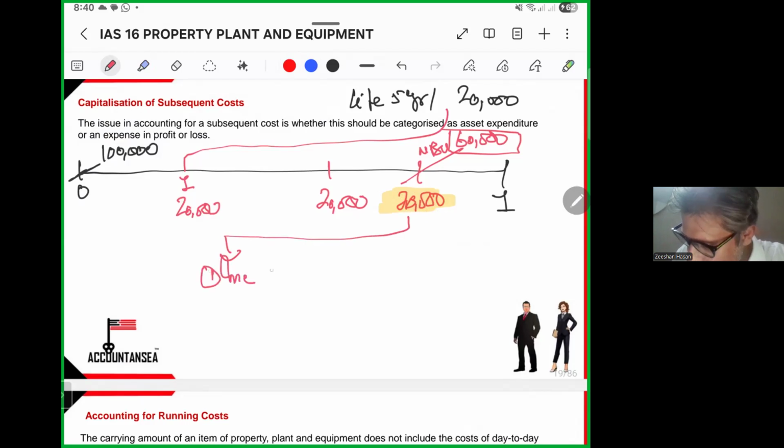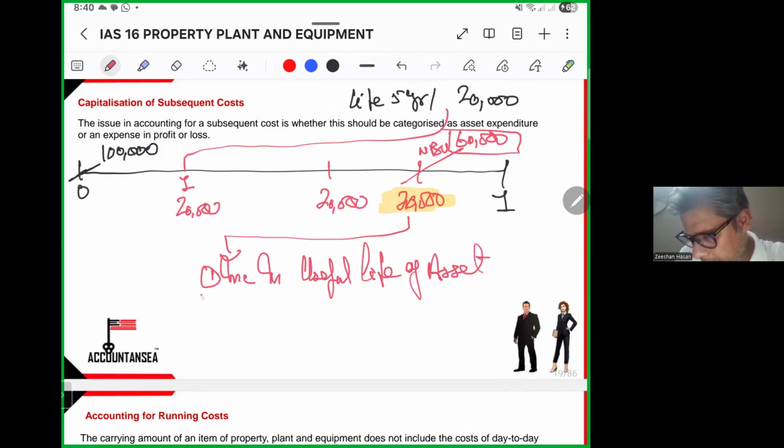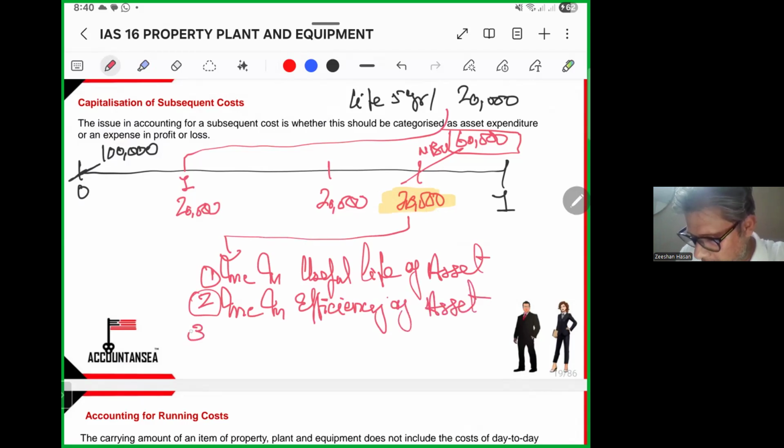if there is, number one, an increase in the useful life of the asset, there is an increase in the efficiency of the asset, or a decrease in the operating cost of the asset.